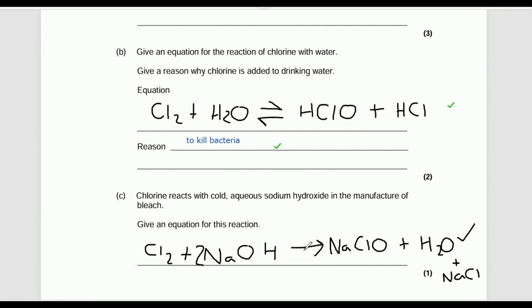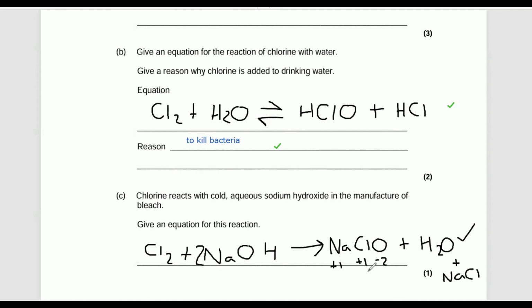Now, before I move on, in the old AQA syllabus, you used to have to know the equation for the reaction of chlorine with hot sodium hydroxide. You don't anymore. The difference is it forms sodium chlorate where the chlorine atom has a +5 oxidation state, whereas here with oxygen -2 and sodium +1, the chlorine's in a +1 oxidation state.